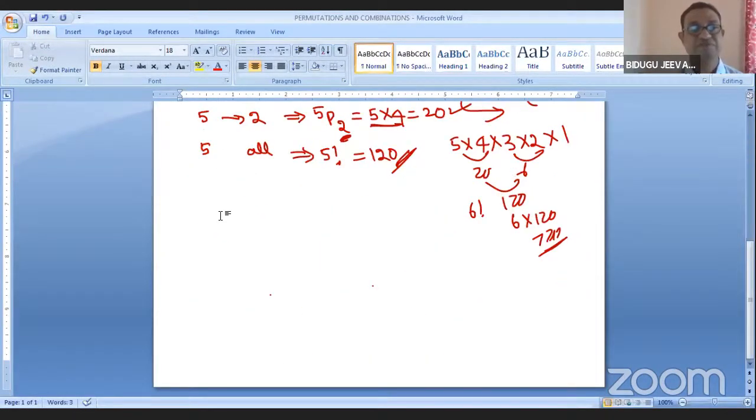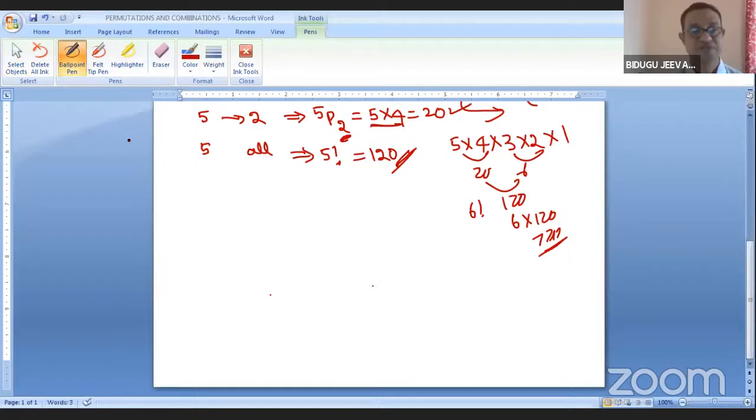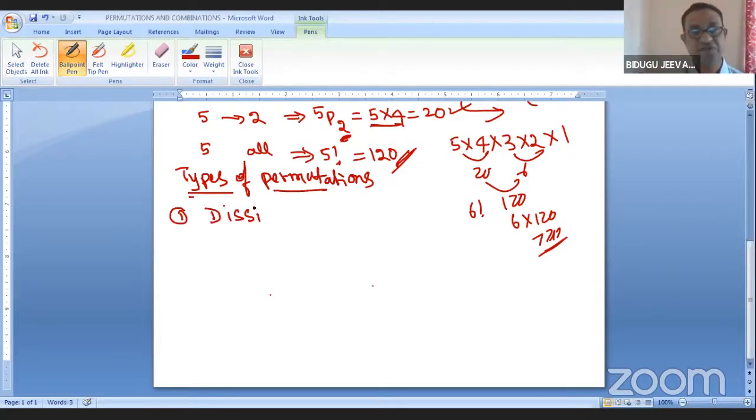Now here, we'll talk about types of permutations. Number 1 is called dissimilar permutation, dissimilar arrangement, whatever it may be.